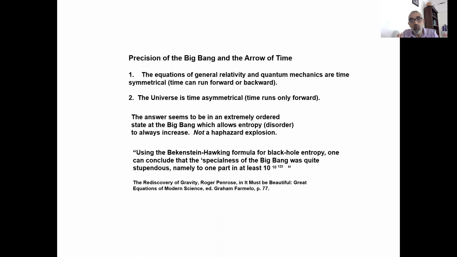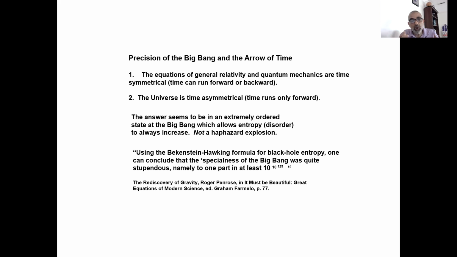Time runs only forward. So why is it that the laws of physics, which seem to govern the universe, can run forward or backward in time, but the universe can run only forward in time? Well, we said that that is because of the statistical law of increasing entropy, or the second law of thermodynamics.